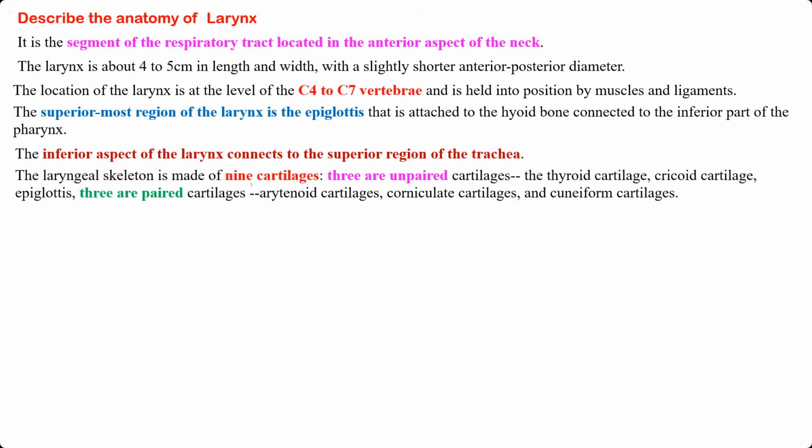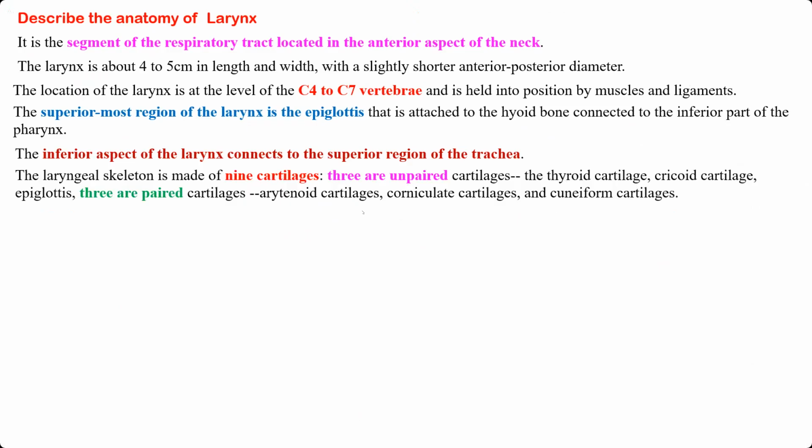And the skeleton has three unpaired cartilages: thyroid, cricoid, and epiglottis. Hyoid is not a part of the larynx, so please don't make that mistake. Even though the hyoid is very visible and very palpable in the anterior aspect, it does not belong to the framework of the larynx. The three paired cartilages are arytenoid, corniculate, and cuneiform.